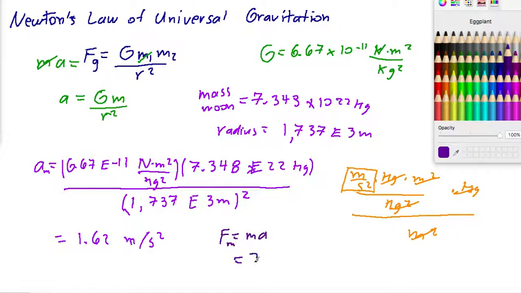The mass of the person is 25 kilograms, and we know the acceleration is 1.62 meters per second squared. So if you plug this in, your answer should be 40.5 newtons.